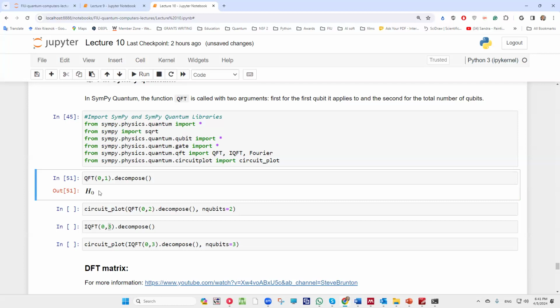So the Hadamard gate, in a single qubit circuit, performs the Fourier transform.